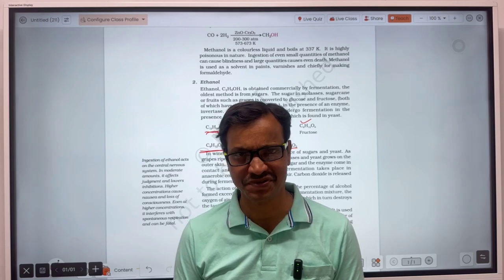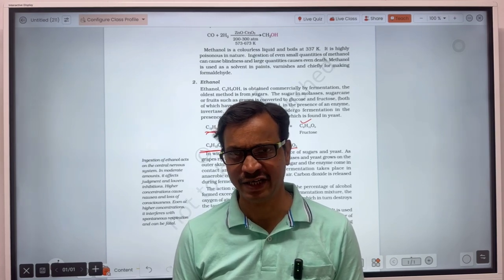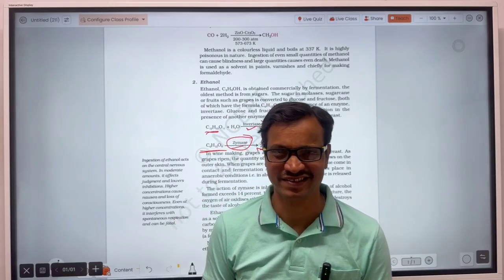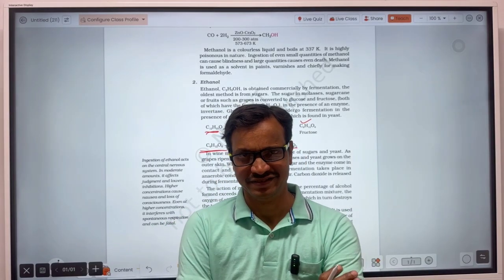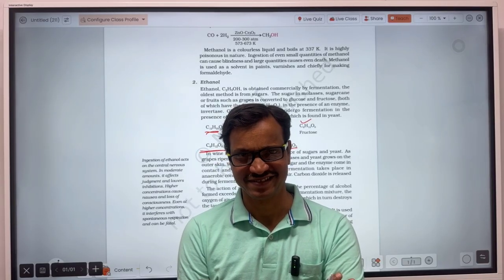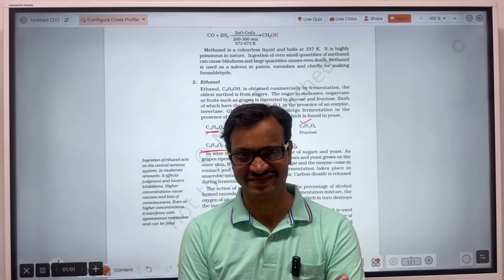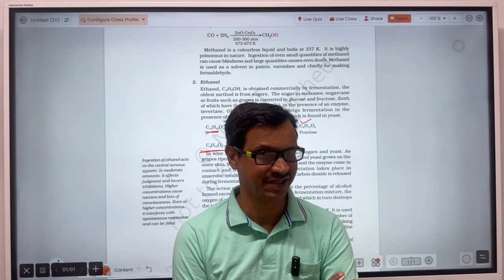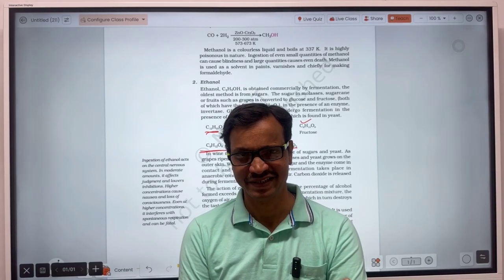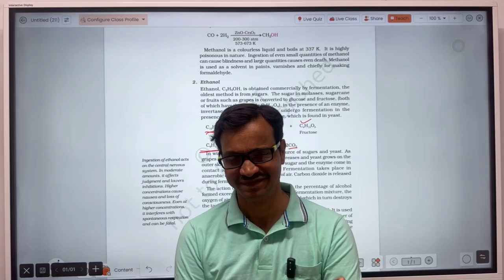There are two types of microbes, aerobic and anaerobic. We human beings, animals and plants are aerobic. Aerobic means our metabolic activity takes place in the presence of oxygen. But in yeast, the metabolic activity takes place by anaerobic respiration.